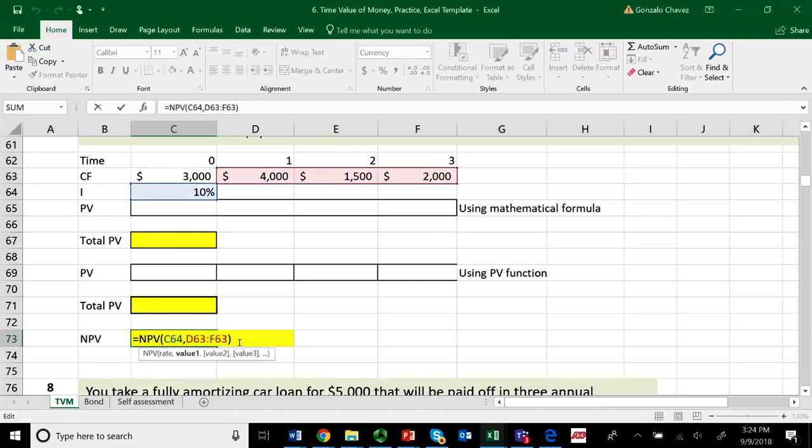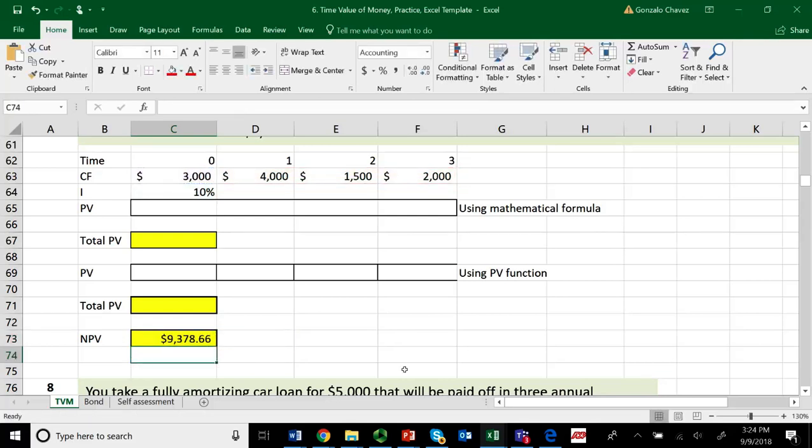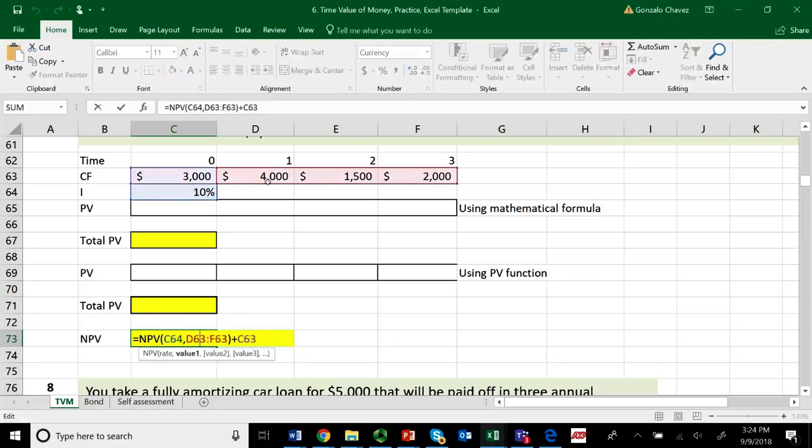And after doing that work, I just say, oh, by the way, plus the $3,000 that I already have. And that will be your correct answer. The money that you already have plus the money that you expect to receive is worth to you today 9,378. I know this looks like an extra step, but imagine how easy it is to just highlight a bunch of cash flows for the next 15 or 20 years and find the present value in one single shot. So the NPV function is very useful.